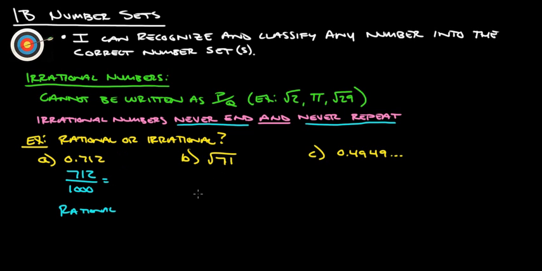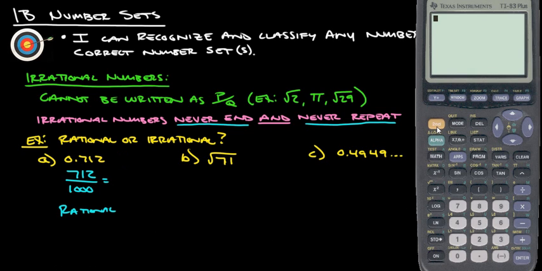Square root of 71. If you bring up the square root of 71 on your calculator, you get 8.426197773 and so on. It's a decimal that goes on forever and ever, and it never repeats.